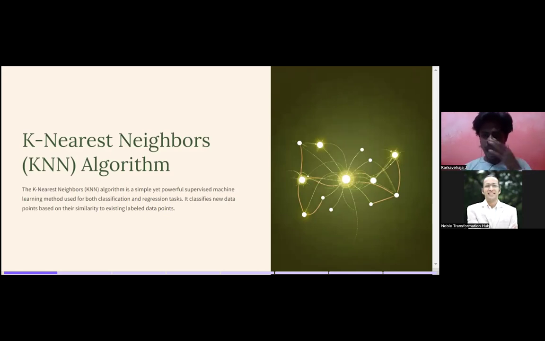Compared to the previous algorithms we have seen, this KNN is quite simple, but it is powerful. It classifies the new data points using its feature mapping to the existing features.